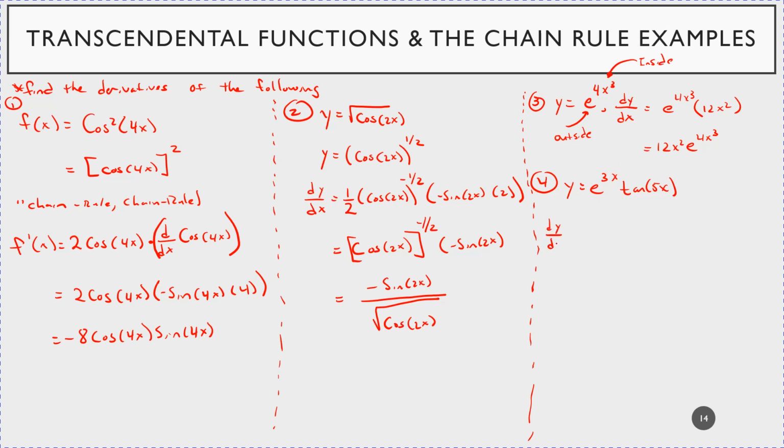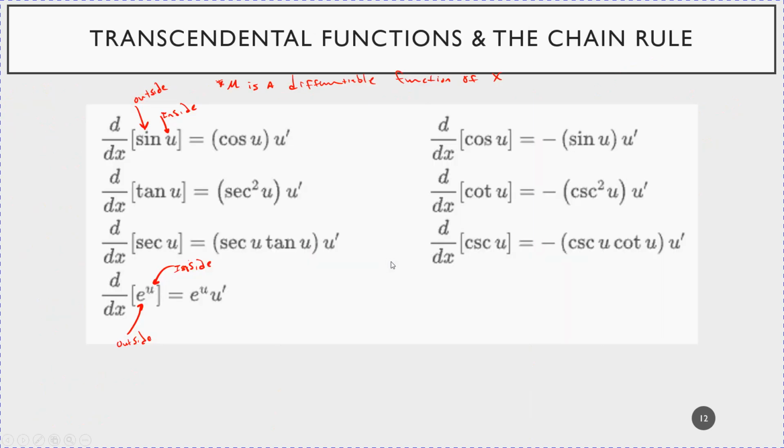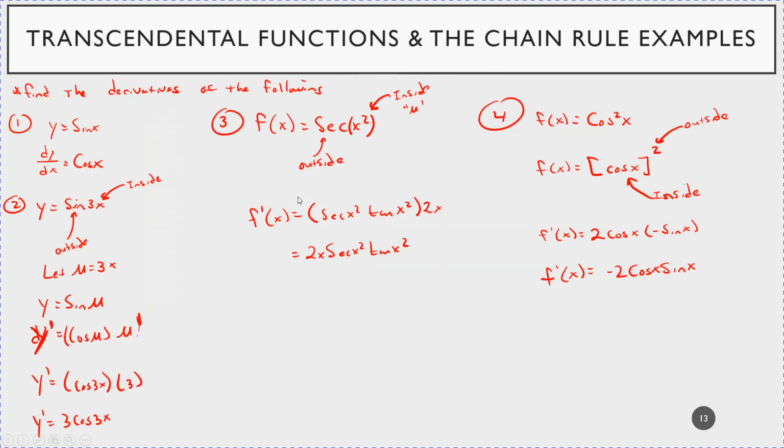So dy dx is equal to, what is the derivative of e to the 3x? It's e to the 3x times 3. So that's 3 e to the 3x times tangent of 5x plus, and now look, what's the derivative of tangent of u? So tangent of 5x. It's secant squared of u times u prime, right?